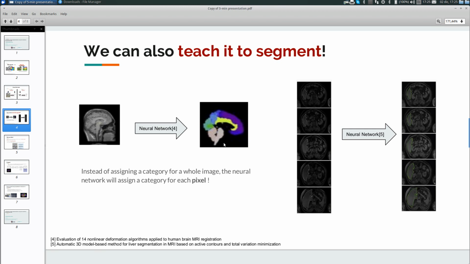A 2D case is shown on the left, where we give the neural network the original image of a brain, and it outputs the different parts of the brain with different colors. A 3D example is shown on the right, and the difference is that it is a volumetric image representing different scans obtained by a tomograph, and the result is the segmented organ in each of the different scans.